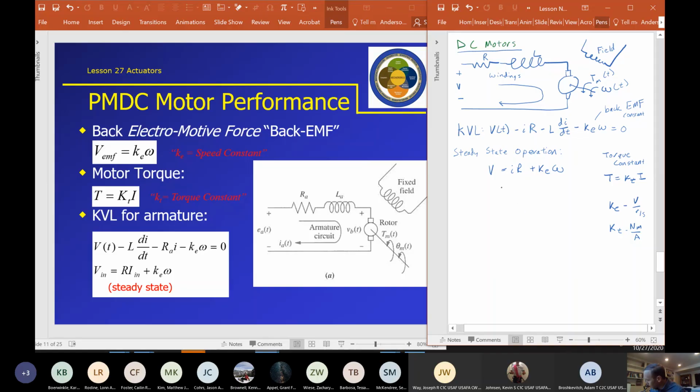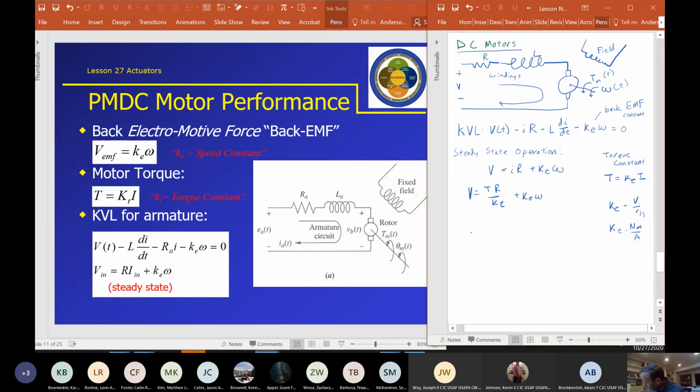Okay, so back to our equation here. So torque equals KT times I. I'm trying to get an equation that can relate torque and speed of the motor. So if I substitute that in there, I'll get V equals TR over K sub T plus KE omega.